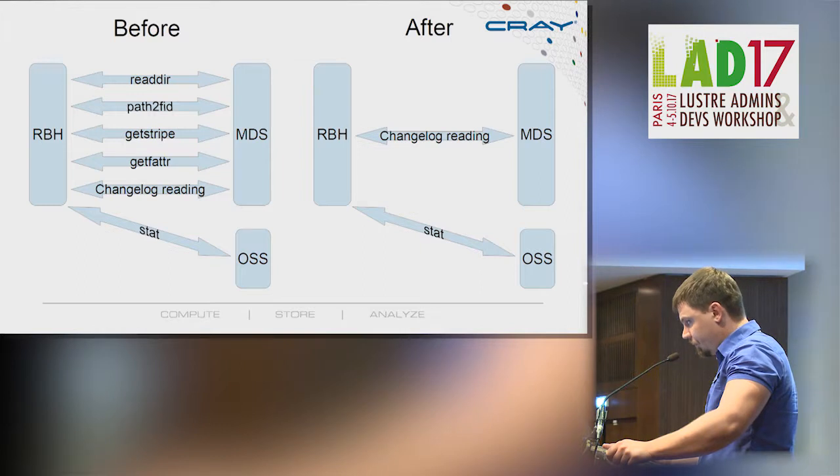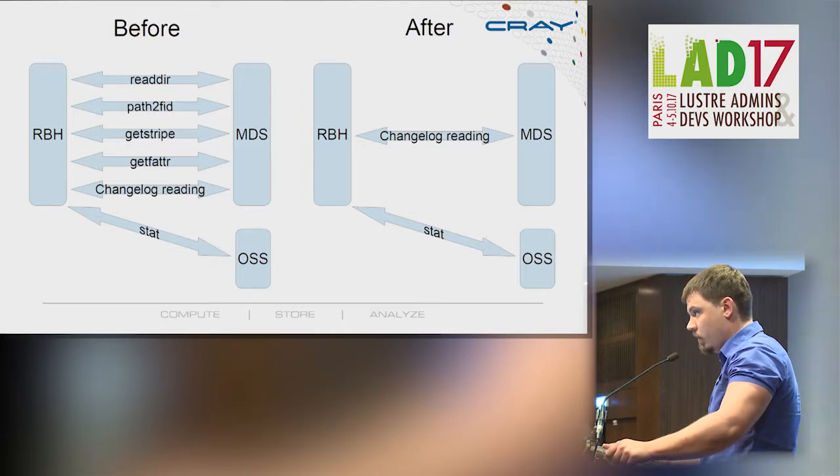So the main idea is to store all the data needed for Robinhood in changelogs, and after populating changelogs, we need to obtain those records to Robinhood.